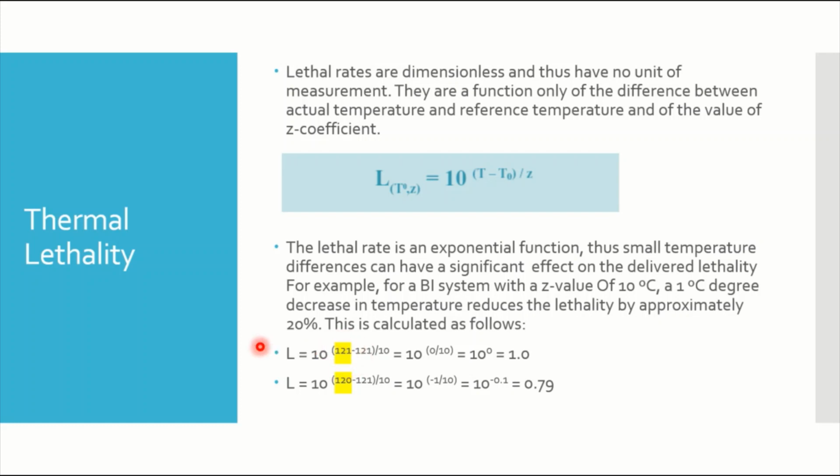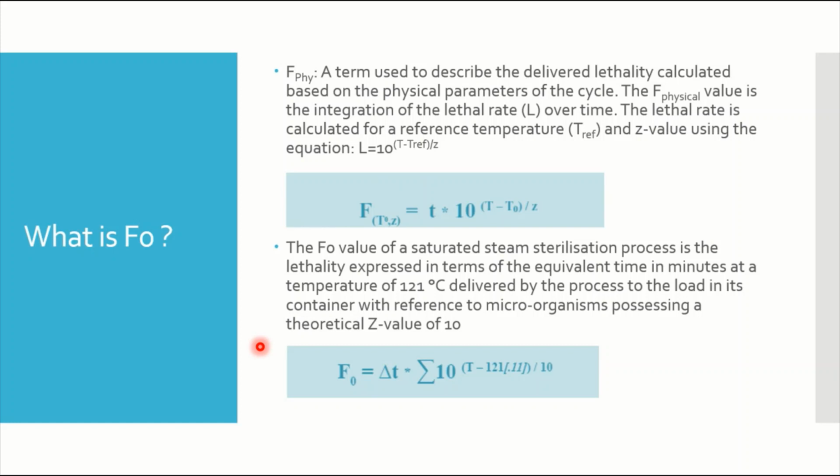Let's move next. We'll understand what F0 is. F0, or sometimes we say F physical, is based on the temperature we consider as a reference. F0 is specifically when we consider the reference temperature 121.1 degrees. F physical is a terminology used to describe the delivered lethality calculation based on the physical parameter, that is heat.